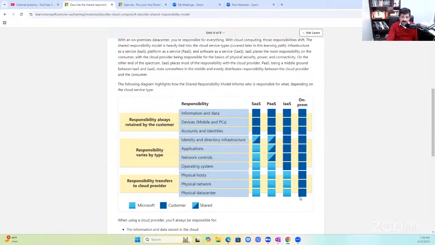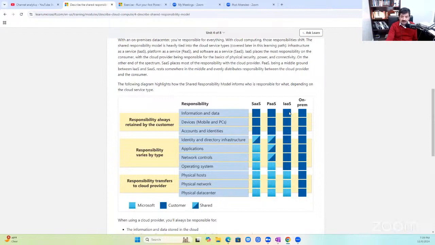You are in charge, you are in total control, but you have to buy the servers. There is a lot of capital cost. We'll talk about capital cost and operational cost a little bit later. So let's look into infrastructure as a service.